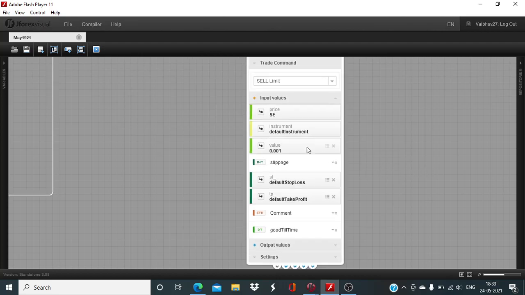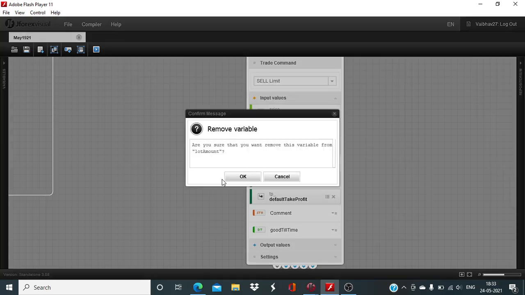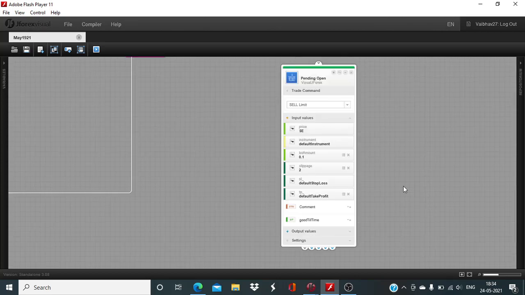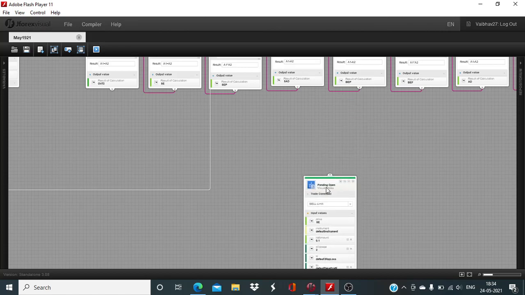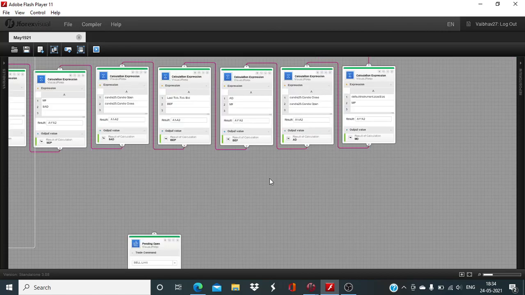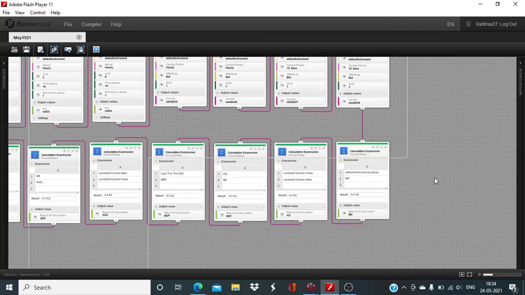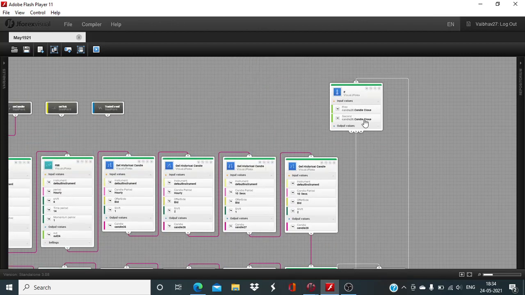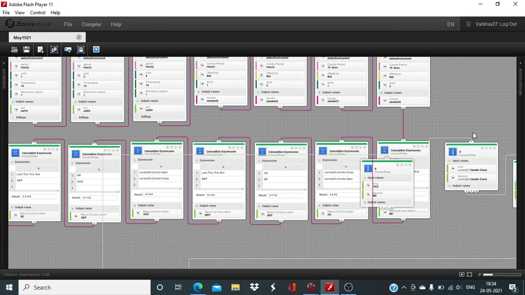Default instrument will remain as it is. Trade amount I will change to 0.1 million. The slippage will be 2 pips. Stop loss and take profit, we will keep it the same as we have kept for the buy side, and also the order validity will be the same.